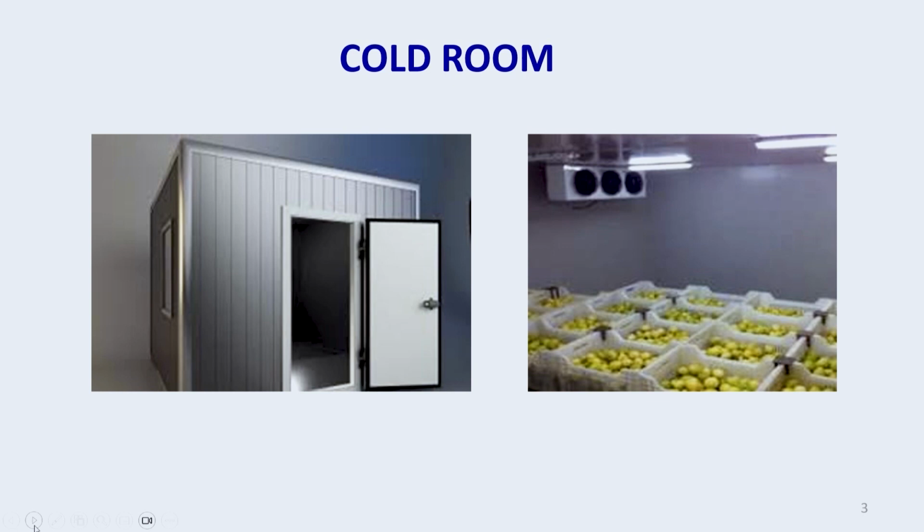When we have different commodities at different storage temperatures, and even the relative humidity differs from one product to another, then multiple rooms would be required. It could be on the same floor or on different floors.